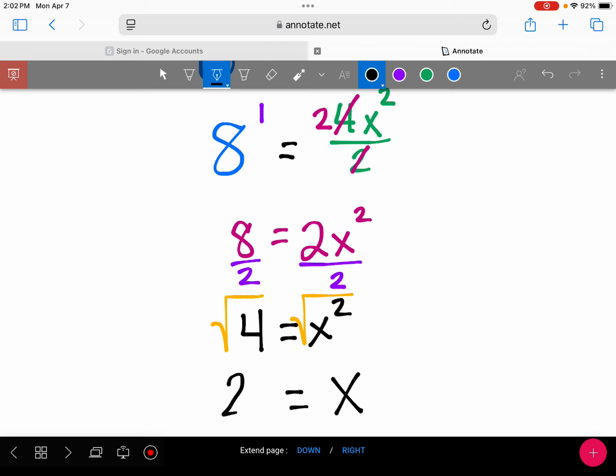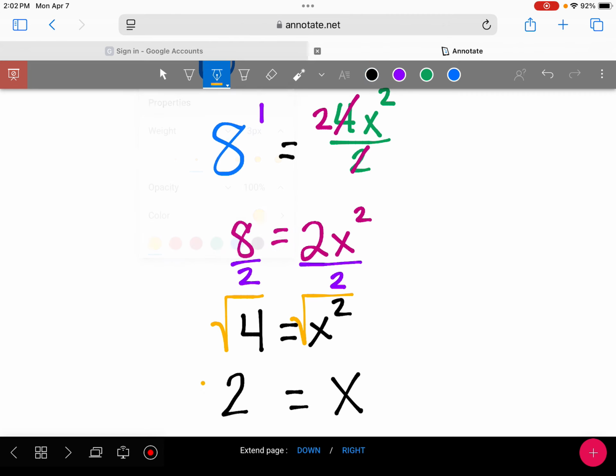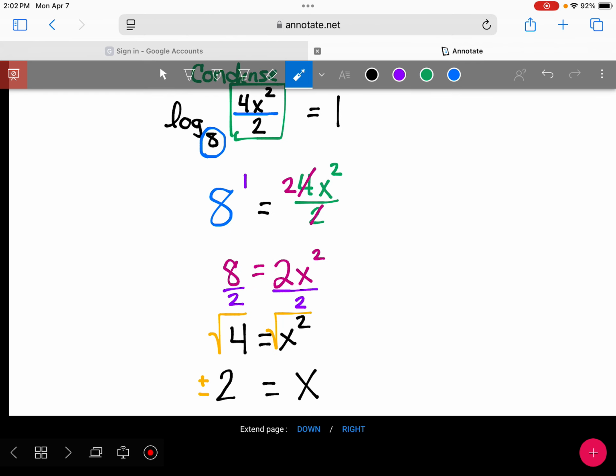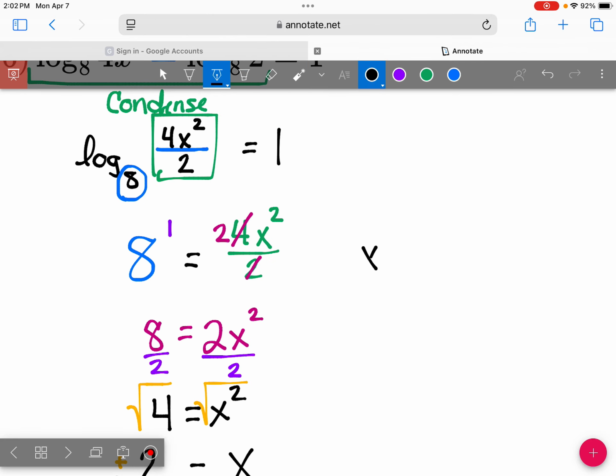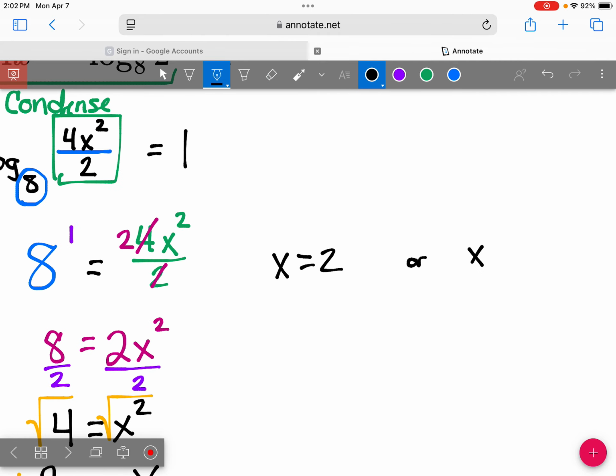X equals 2, or negative 2. Whenever we square root both sides, we need to include the plus or minus, because it could be that x equals 2 or it could be that x equals minus 2.